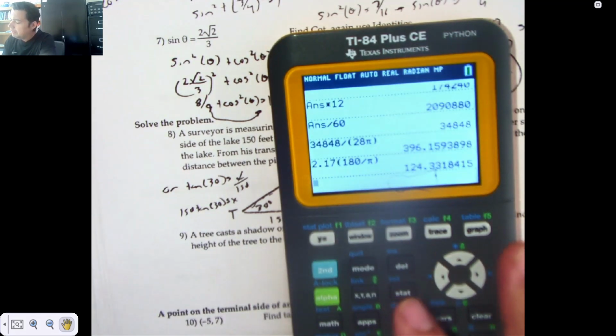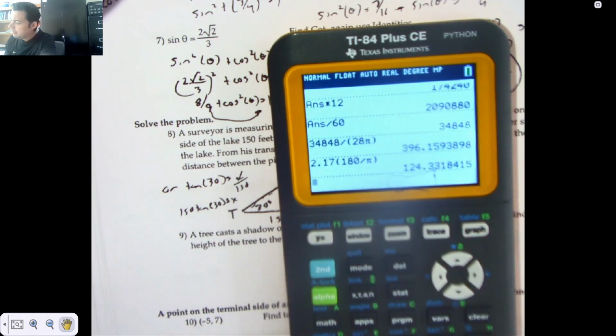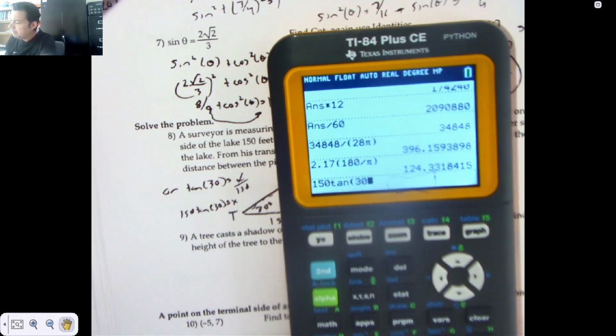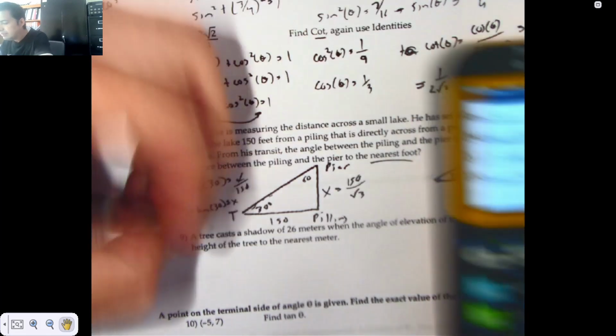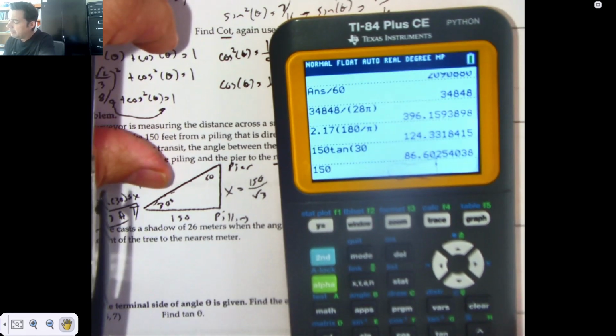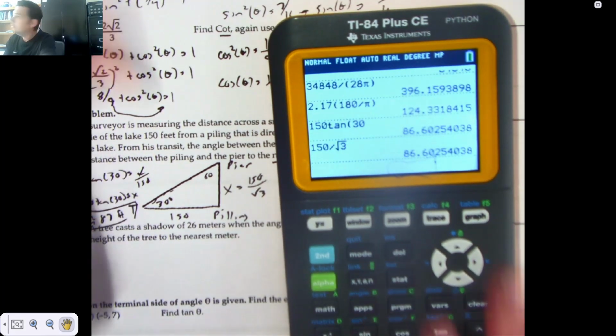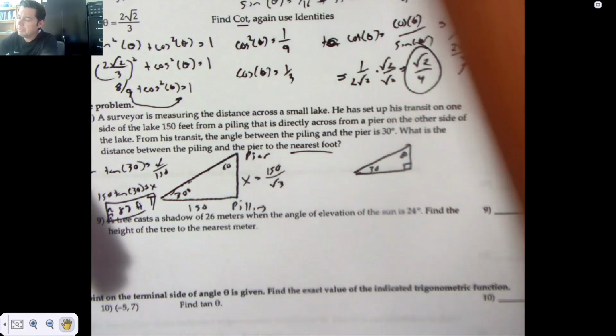Check my mode. Go to degrees. 150 tangent of 30, 86.6 feet, nearest foot. So it's about 87 feet. My 150 over root 3 is also about 87 feet. They must be playing with the intercoms today.